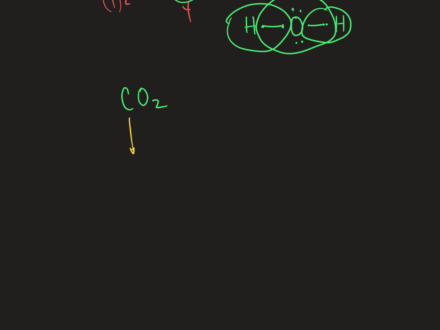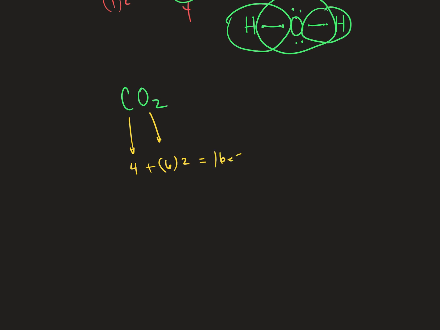Let's do both. Okay, so how many valence electrons does carbon have? 4 valence electrons. What about oxygen? 6, and there's 2 of them, so we have to multiply by 2. Any questions on how we counted this? So that's a total of 2 times 6 is 12, plus 4 is 16 electrons.